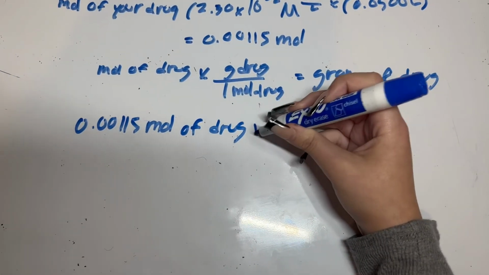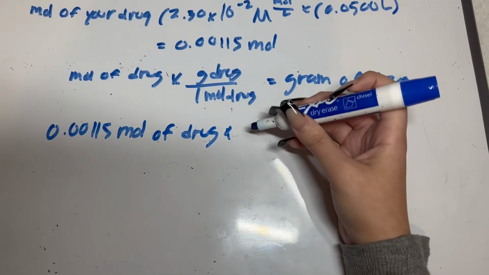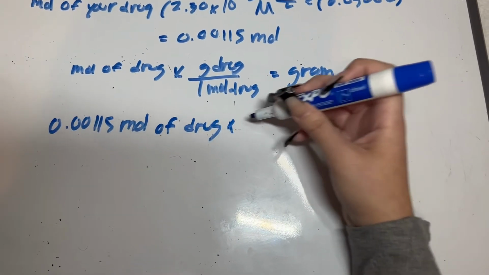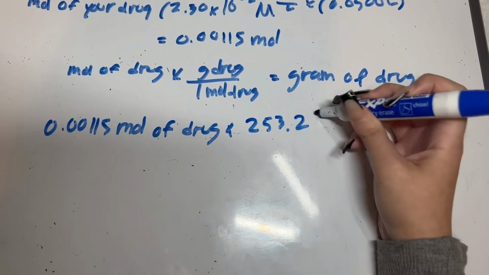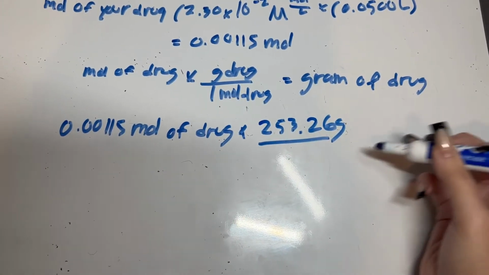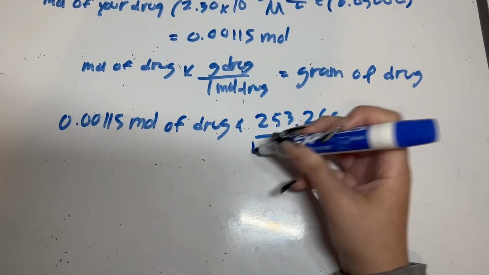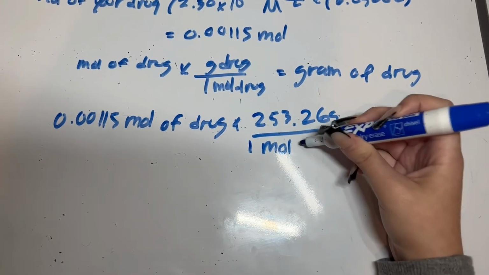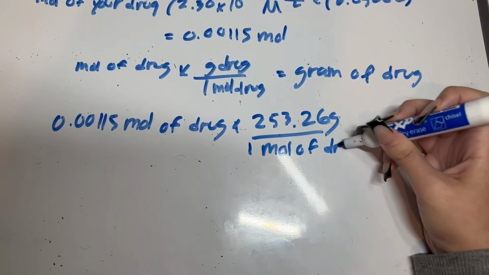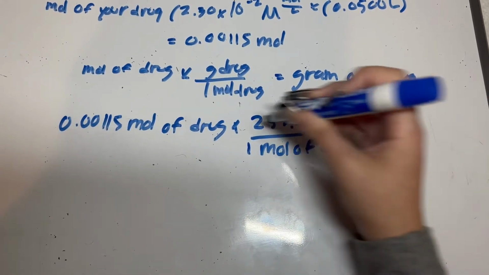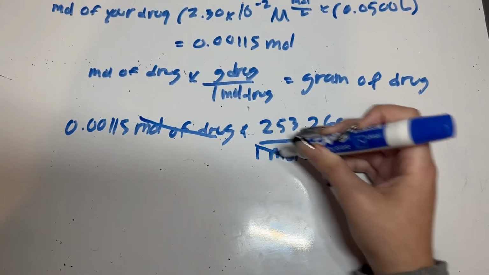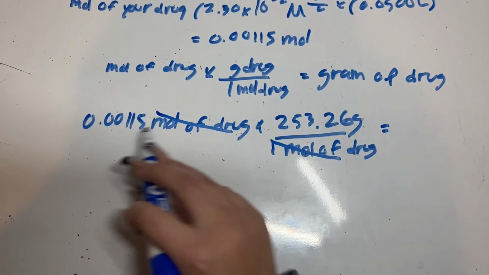And then times 253. Yeah, that is what I have for the other page. 253.26 g and then 1 mole of drug. And that also cancels out. So we're left with this.